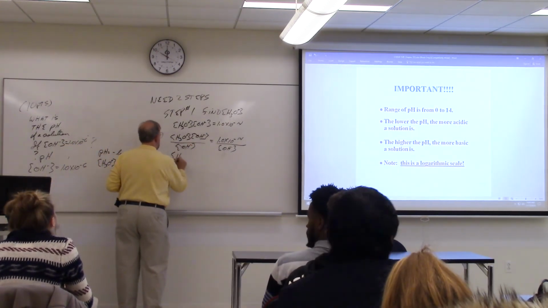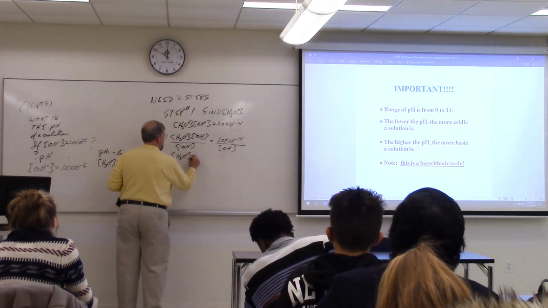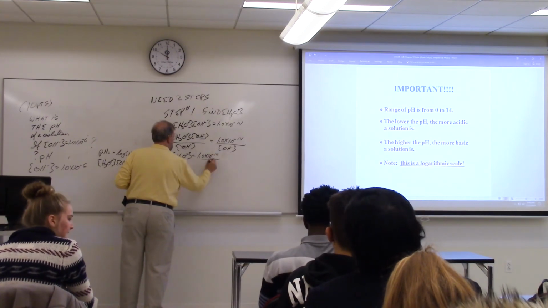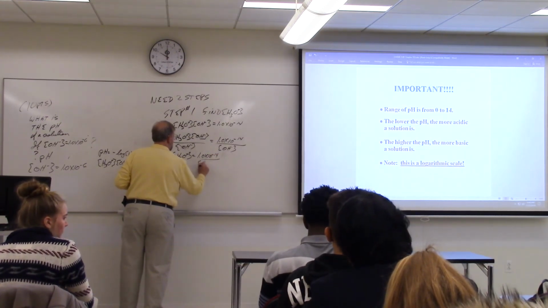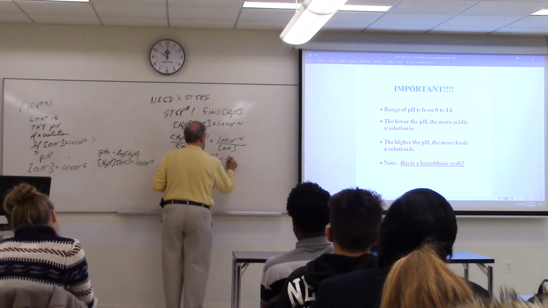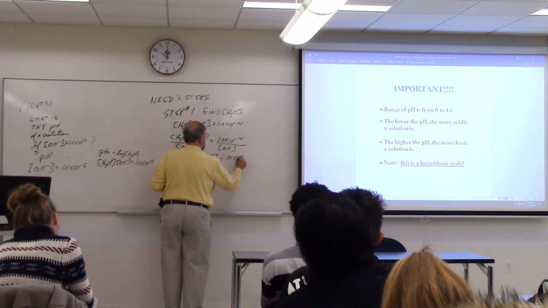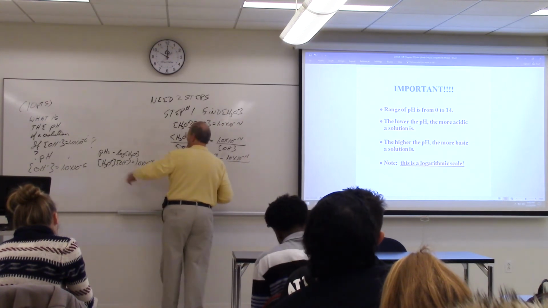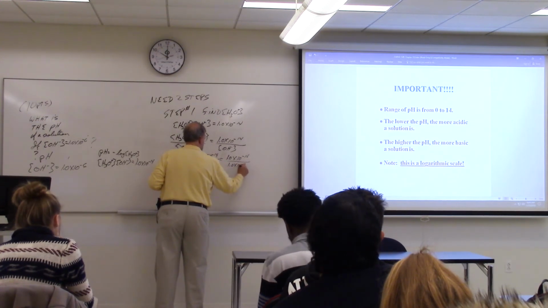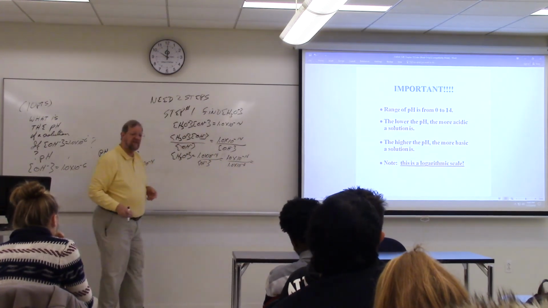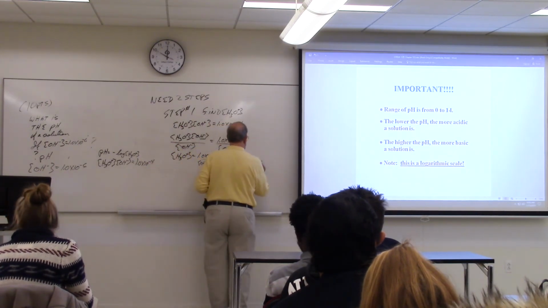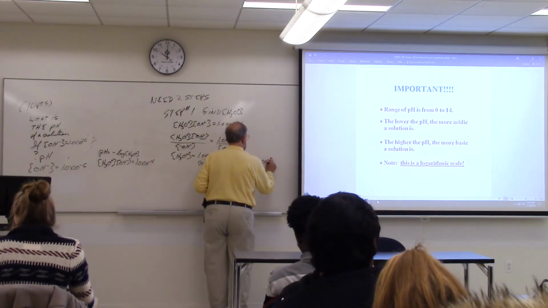I'm left with the hydronium ion concentration equals 1.0 times 10 to the minus 14 divided by the hydroxide concentration, and that is 1.0 times 10 to the minus 14 divided by 1.0 times 10 to the minus 6. And if you take out your calculator, you'll get 1.0 times 10 to the minus 8.